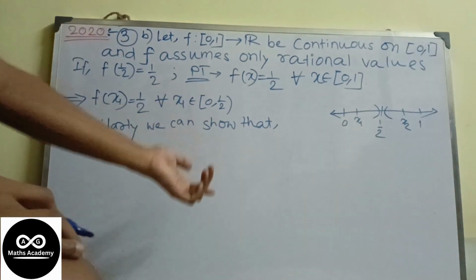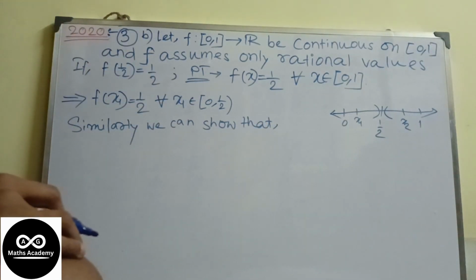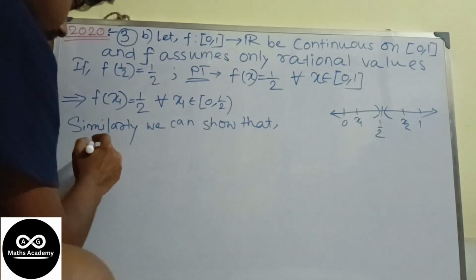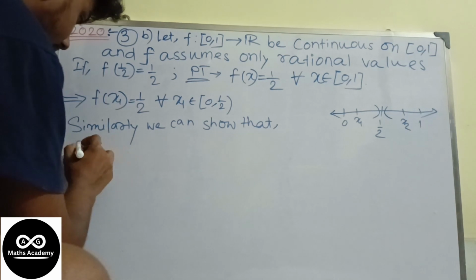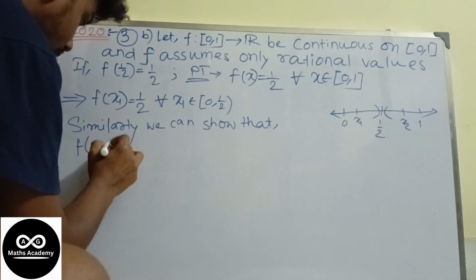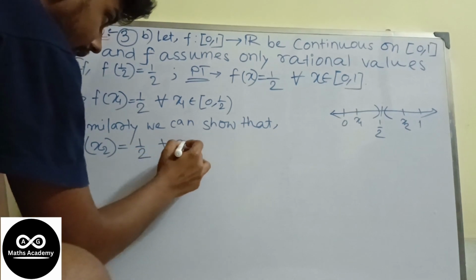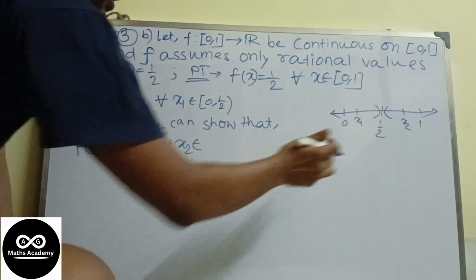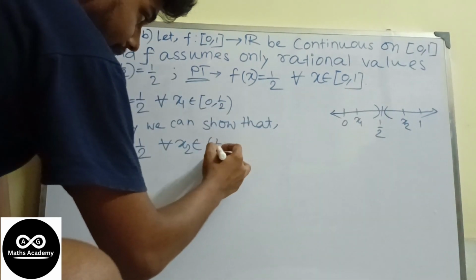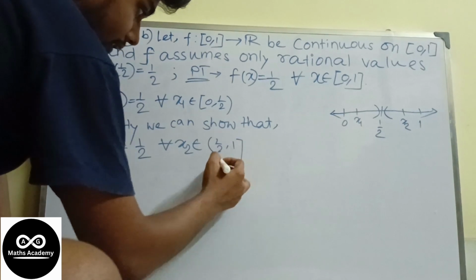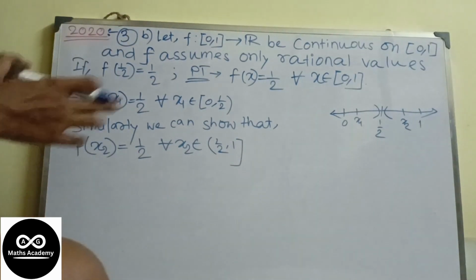Similarly, we can show that f of x2 is equal to half for all x2 belonging to open half to 1. All clear now?